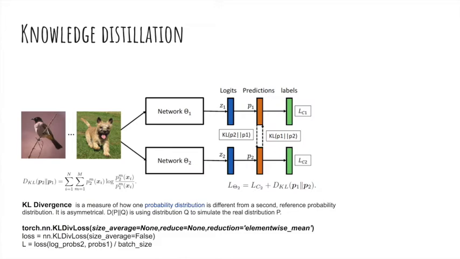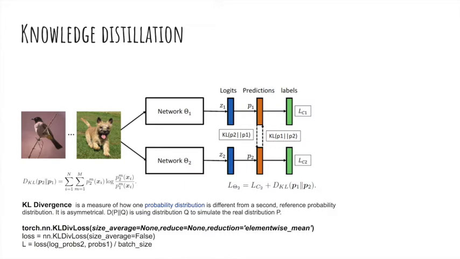Here it uses the probability distribution, which utilizes KL divergence loss in this example. KL divergence is a measure of how one probability distribution is different from a second one, the reference probability distribution. It is asymmetrical, and it uses D(P||Q) to show the distribution Q to simulate the real distribution P.